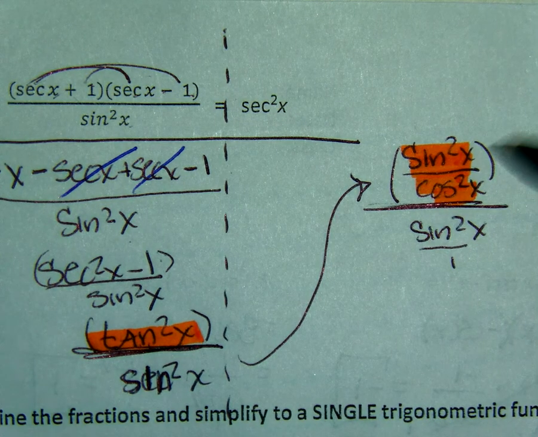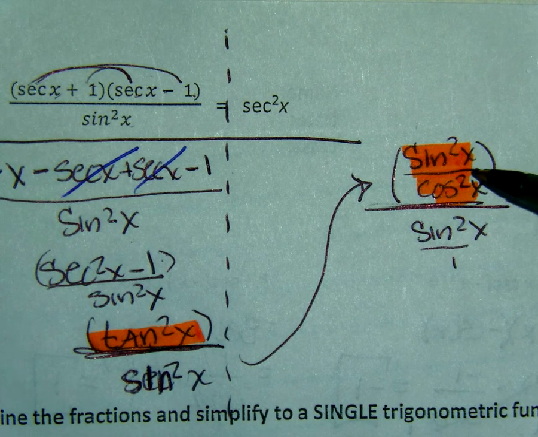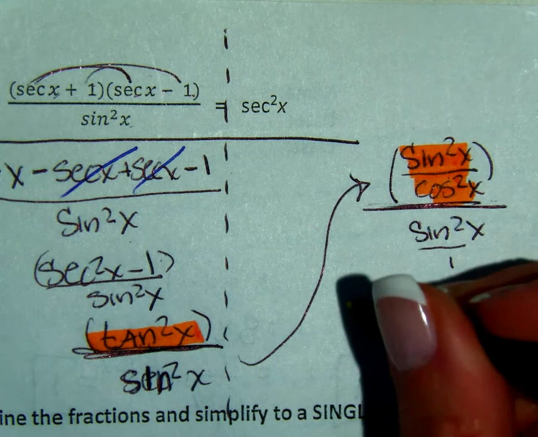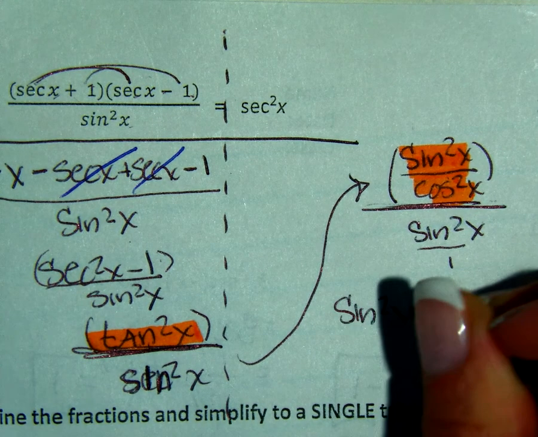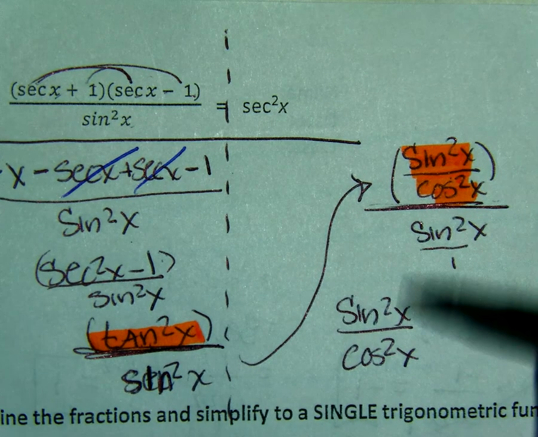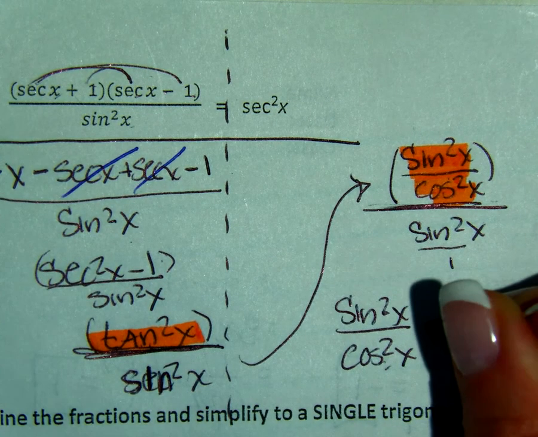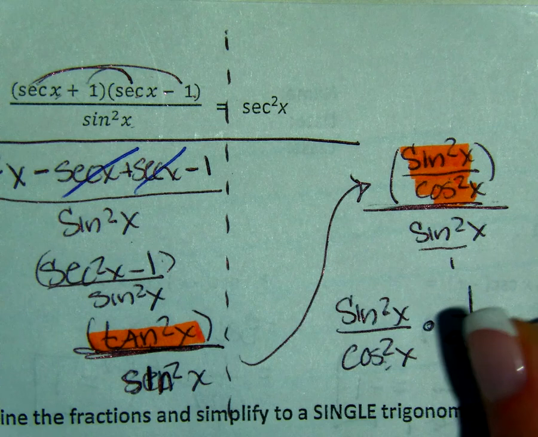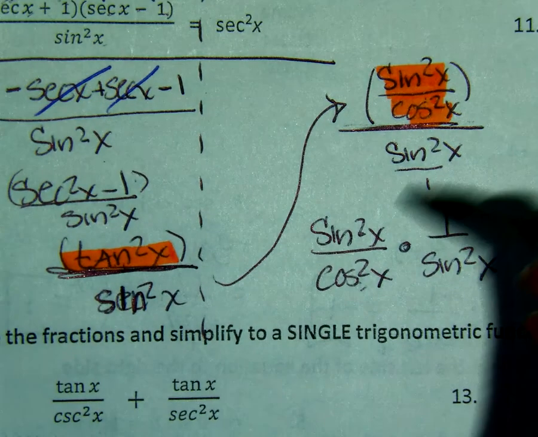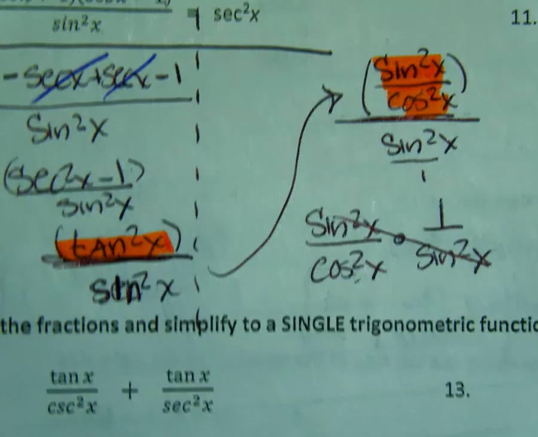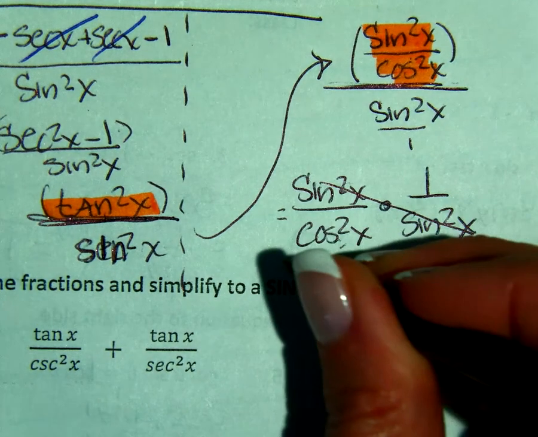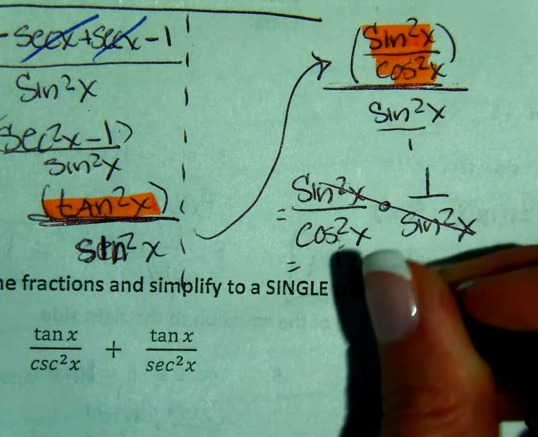You learned way back when you have a fraction being divided by another fraction, you do that division by changing it to multiplication. So we take the top fraction and multiply it by the reciprocal of that denominator. Notice how my sine squareds are going to divide out, and I would have 1 over the cosine squared.